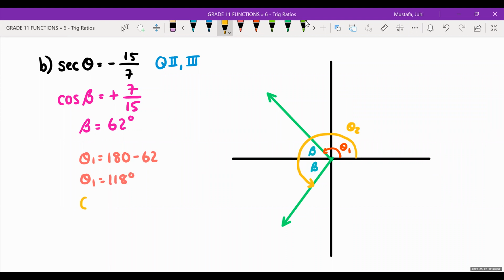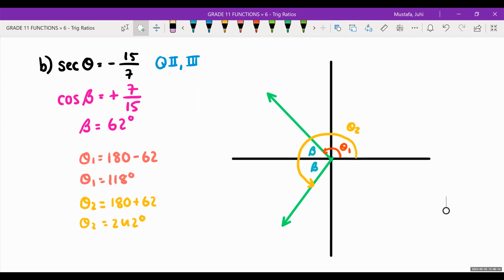And then theta 2 is going to be 180 degrees plus 62. So what's that? 242. You guys get 242 degrees? All right, so that is just the regular stuff that we did before.